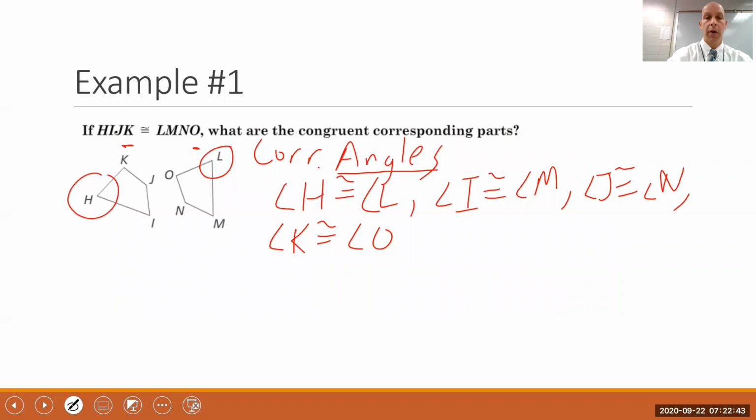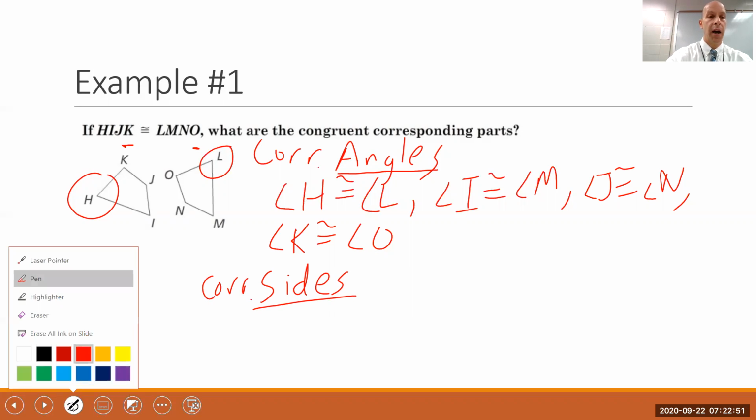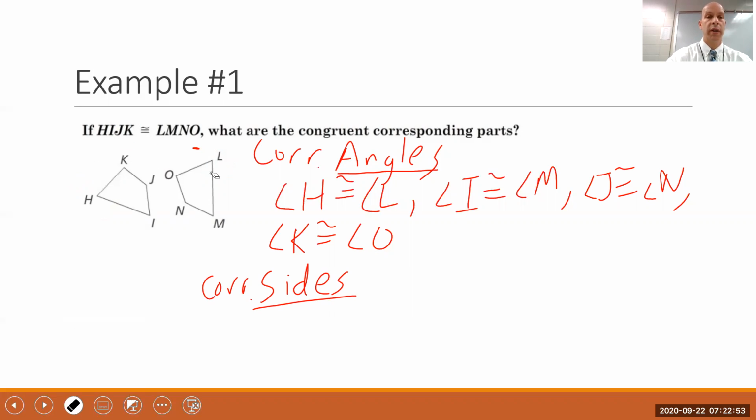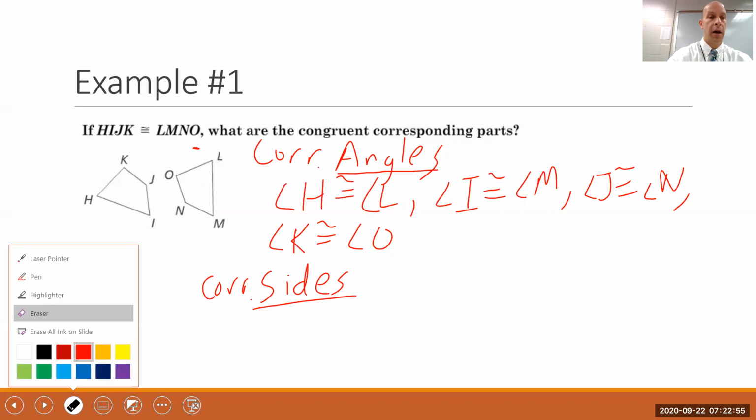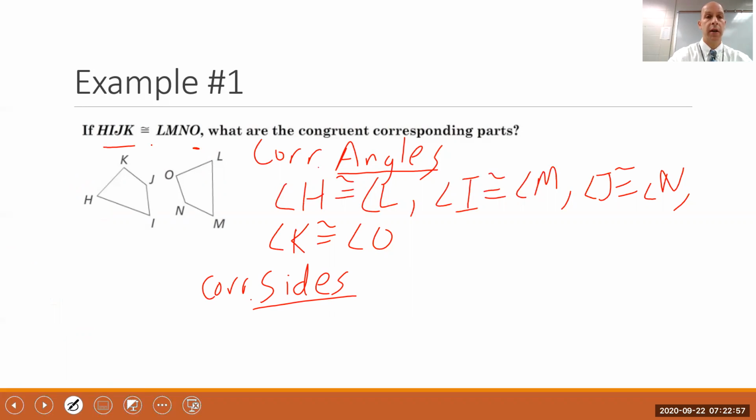I'll list all the sides as well. I'm going to go a little bit faster now. Here are all the corresponding sides which are congruent. Again, I am simply going to use what's given to me in this congruent statement. Segment HI, that's this side here, has to be congruent with the first two letters of the second one, so that's segment LM.